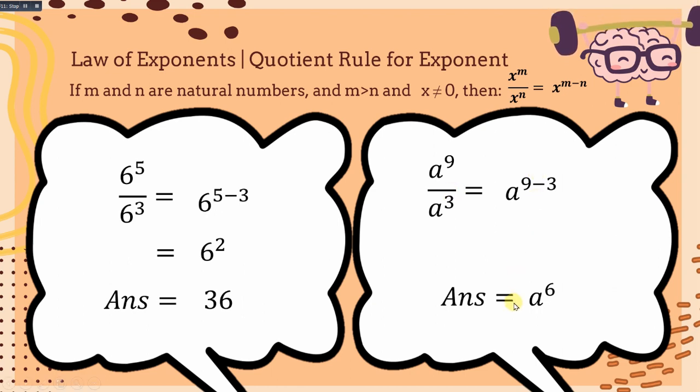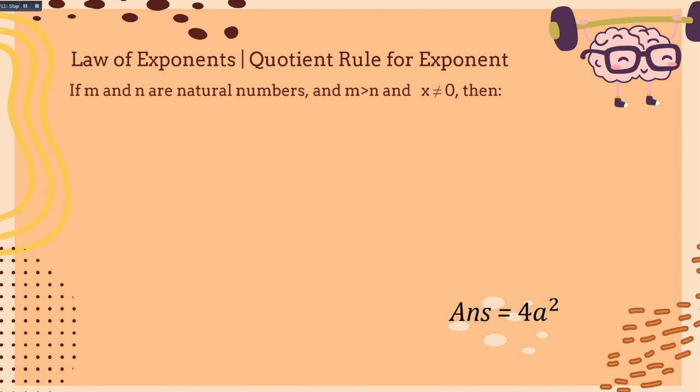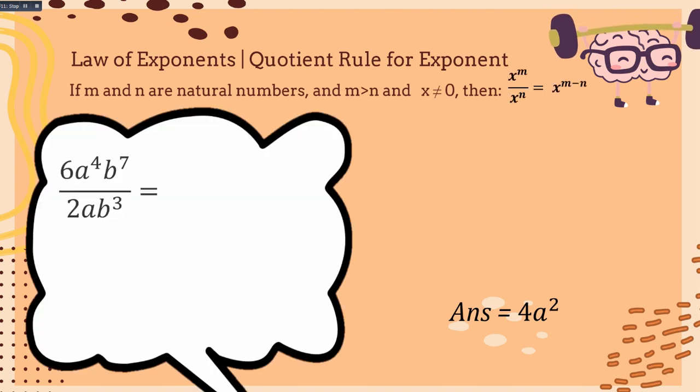Another example, for the following, we have the quotient of 6a raised to 4 and b raised to 7, divided by 2ab cubed. So just simplify. 6 divided by 2, that will be 3. And since we have the same base of a, just keep the a, which is our variable, and subtract its exponent.